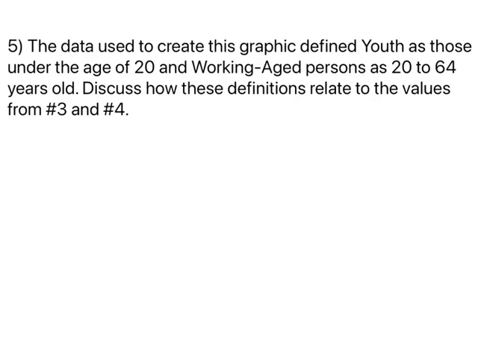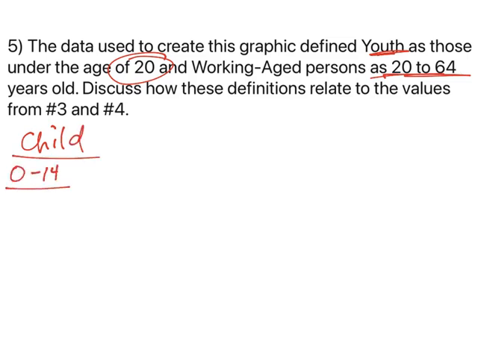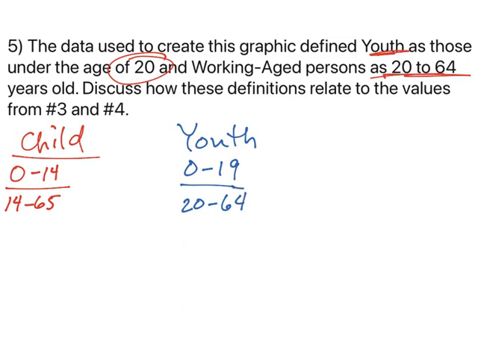So let's look at this. The data used to create this graphic defined youth as those under the age of 20, and working class as 20 to 64. Traditionally, child dependency ratios are found by taking 0 to 14-year-olds over the working class of 15 to 64. This table called it youth and not children and said 0 to 19, and workers are 20 to 64.